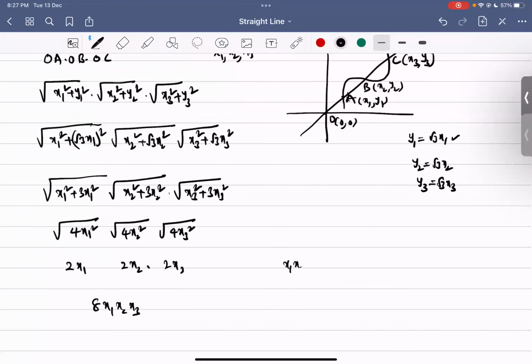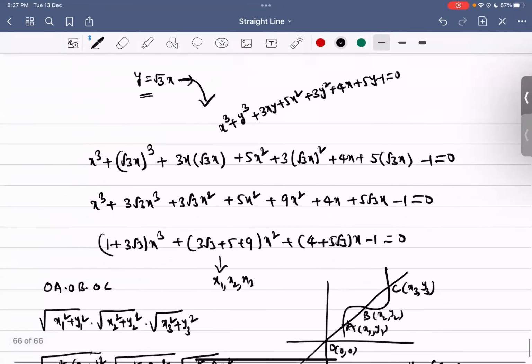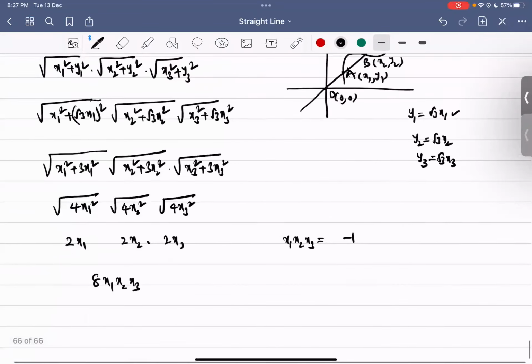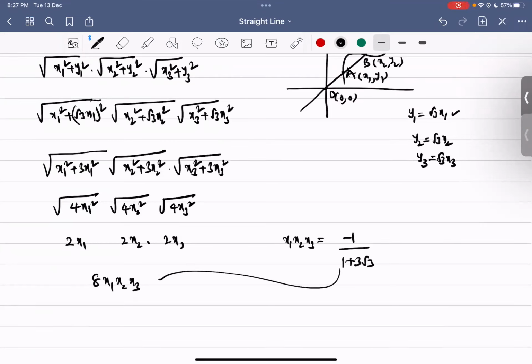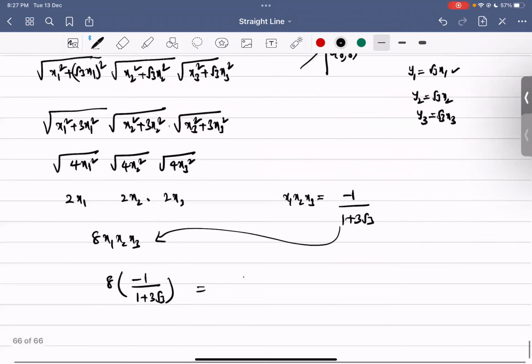Here the product of the roots is minus 1 by a, which is minus 1 by 1 plus 3 root 3. You put this x1 x2 x3 over here. Then our required result is 8 into minus 1 by 1 plus 3 root 3. Distance can never be negative. Therefore, if you take the modulus of this, then it is 8 by 3 root 3 plus 1. The same answer we got as previous.